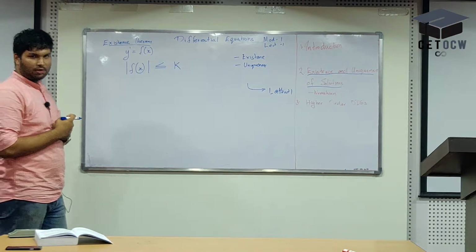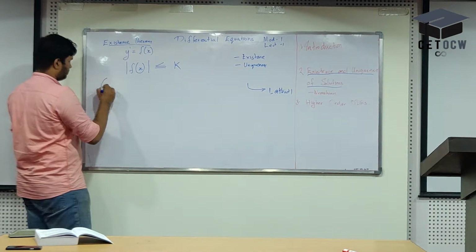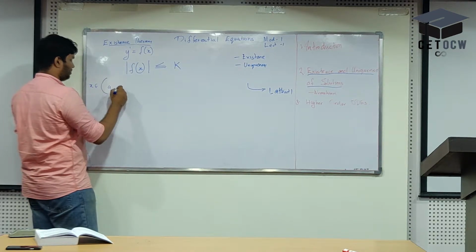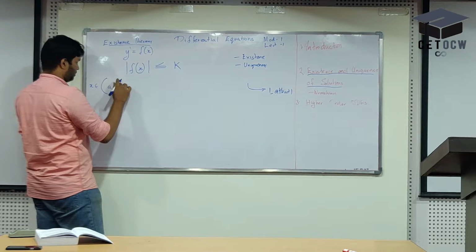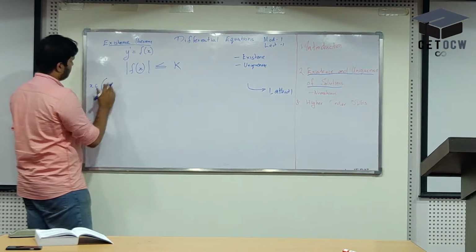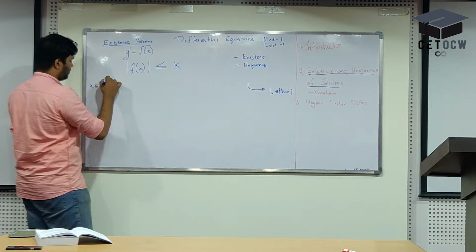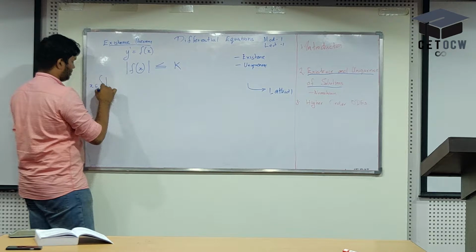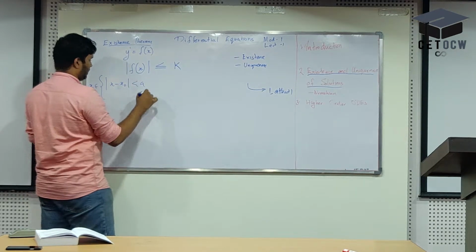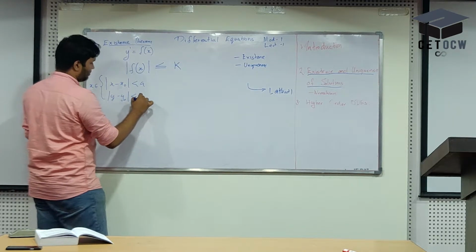and for an interval x element of A to B, let's say centering around x0, modulus of x minus x0 less than a, and modulus of y minus y0 less than b.